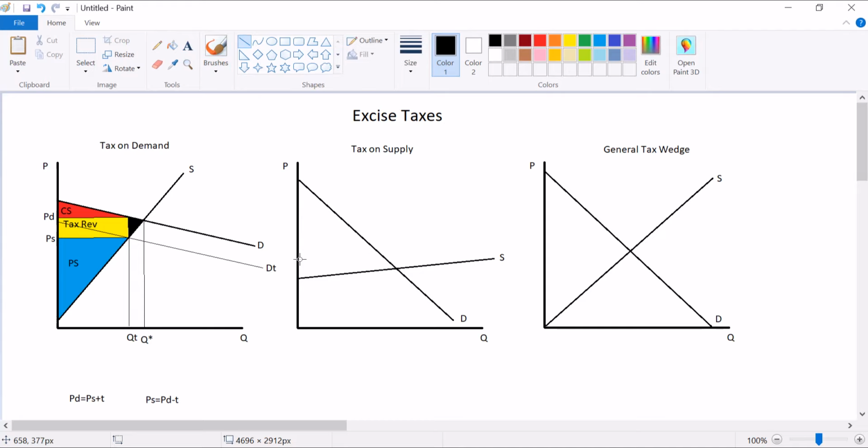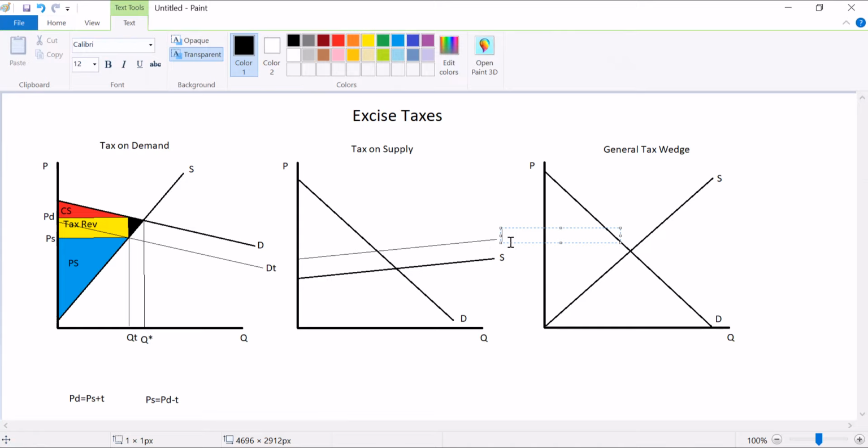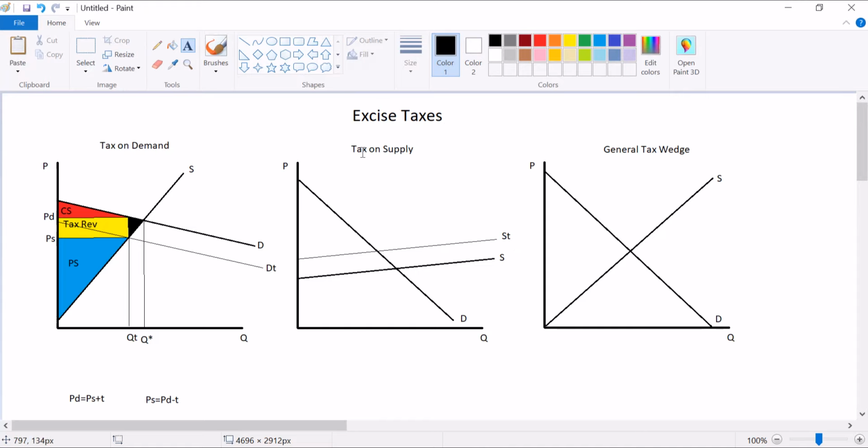Now, let's look what happens if there's a tax on supply. A tax on the supply has the effect of raising the costs for a business and then can be modeled by decreasing the supply curve or shifting it up to higher prices at every quantity. And everything else that we said about the demand curve is still going to apply.